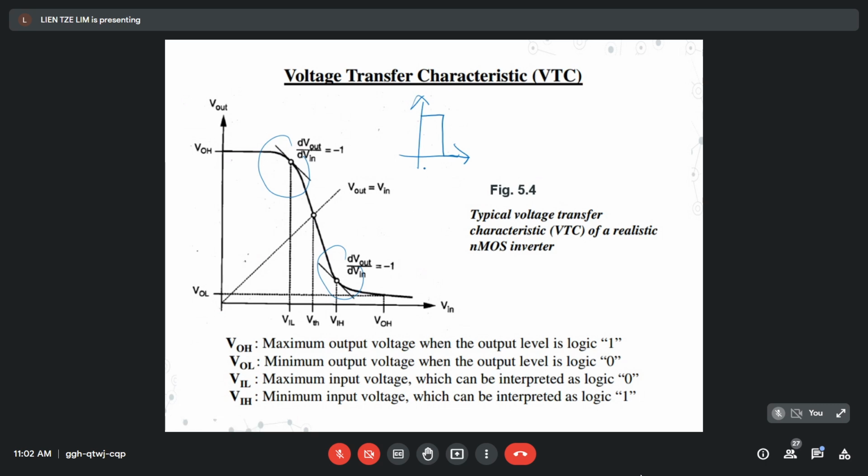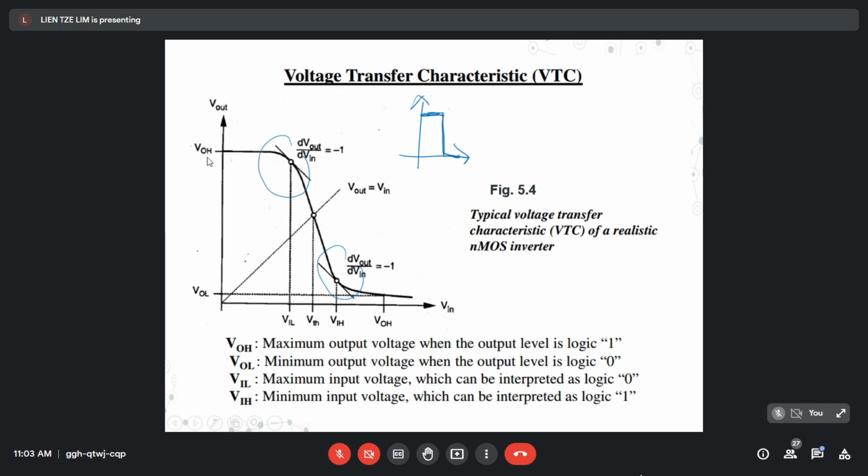So in the realistic one, the difference here is the slope. This is the realistic VTC. Again, this VTC is plotted with V out and V in. In this V out and V in, we need to determine the output voltage levels.